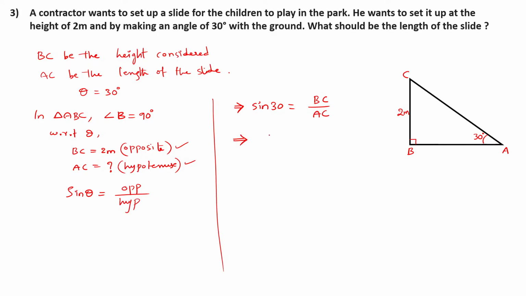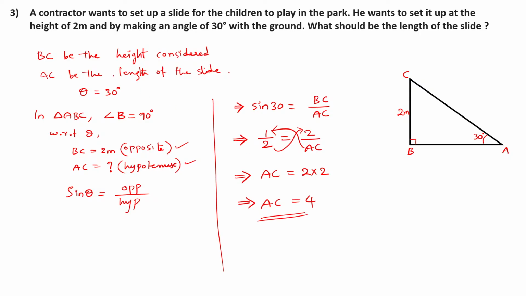Sine 30 from the table we have as 1 by 2, and BC value is 2 meters, and AC we don't know. Just transpose the terms to get AC. The 2 goes this side, so 2 into 2.